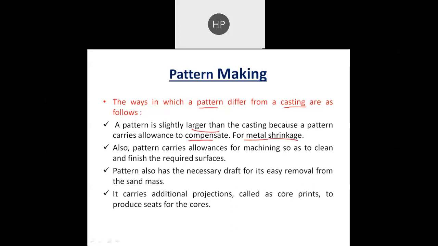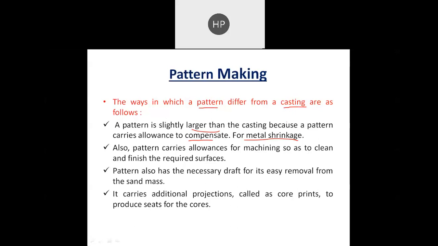Metal has a property that when it is in liquid form, it has a larger volume as compared to the solid state. When we fill that molten metal inside the hollow cavity, the liquid carries a larger volume, but as it solidifies and is converted into solid metal, it will shrink.